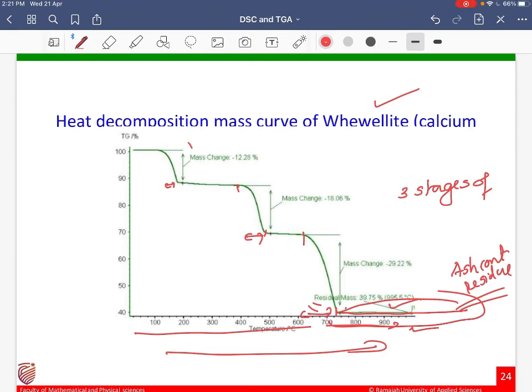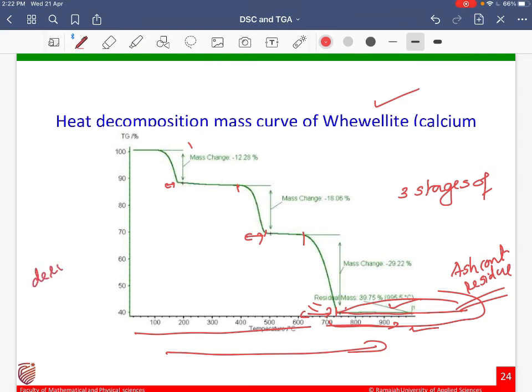So there is not a single temperature where the degradation is happening. It is actually a series.